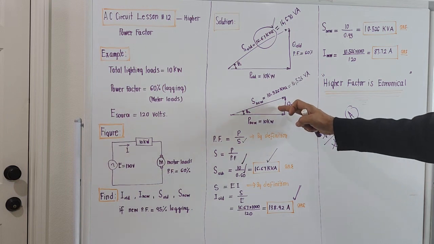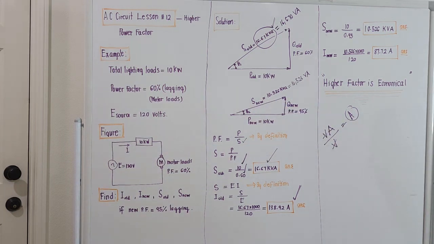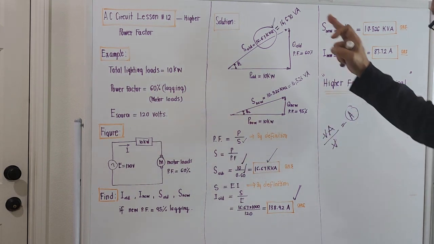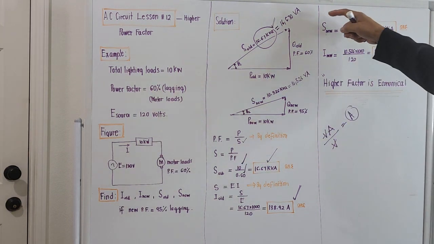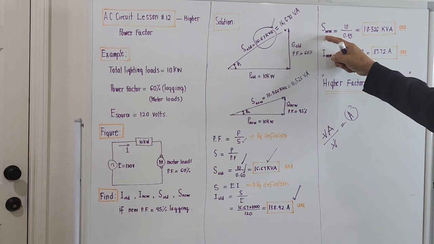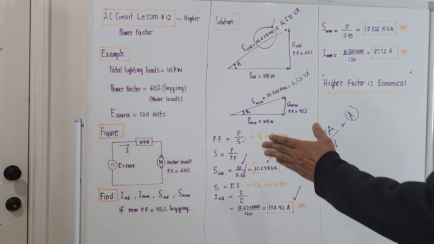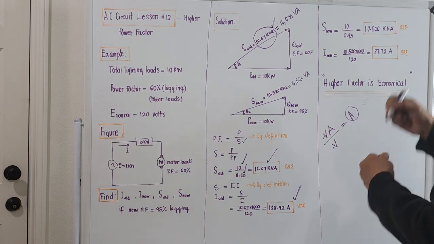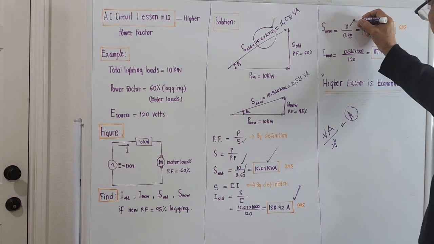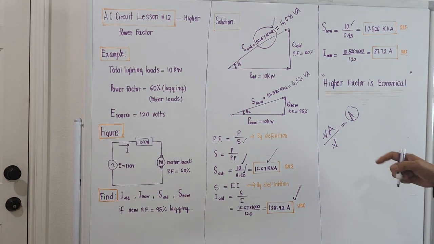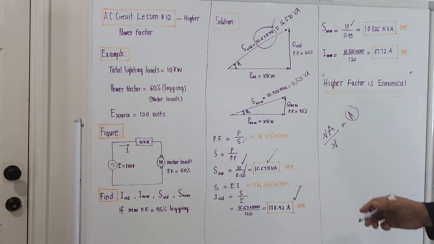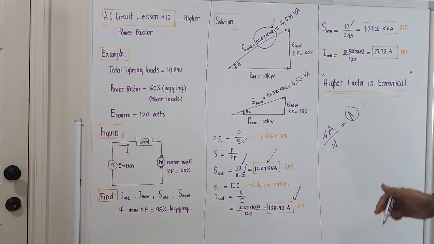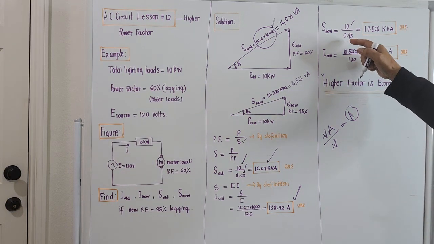For the new power triangle, if the power factor now is 95%, let's compute the total apparent power with the subscript new. The true power is still 10 kilowatts. The new power factor, which we would like in order to save economically, will be 0.95.